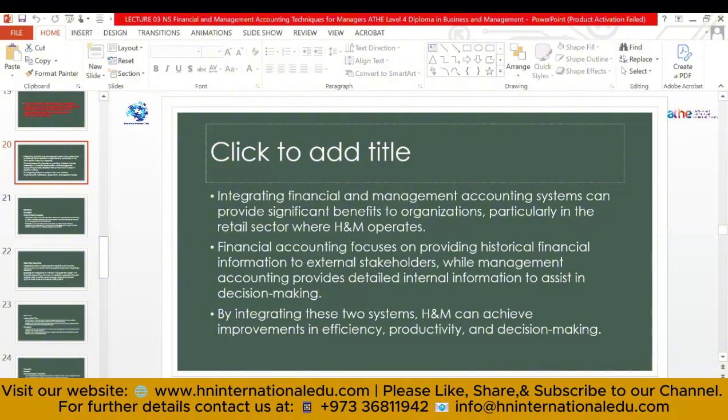Again, this is used by both internal and external stakeholders. By integrating these two systems, H&M can achieve improvements in efficiency, productivity, and decision making. When you work on both systems accurately, ultimately we can improve the other factors which hinder decisions.